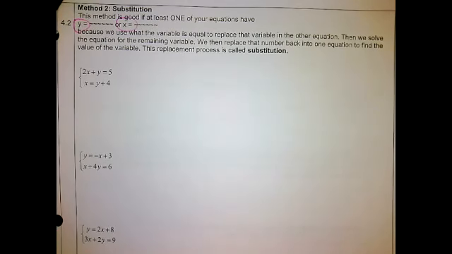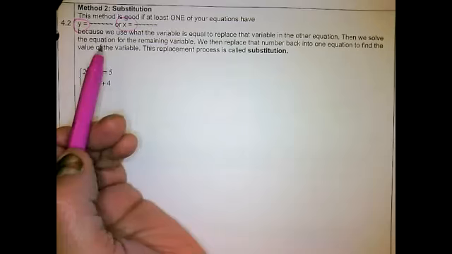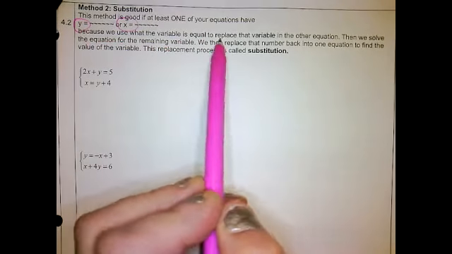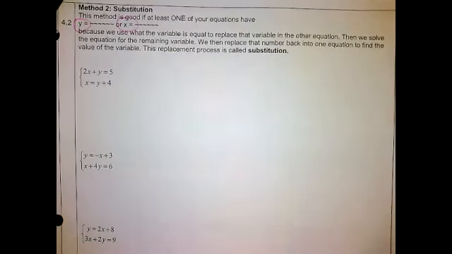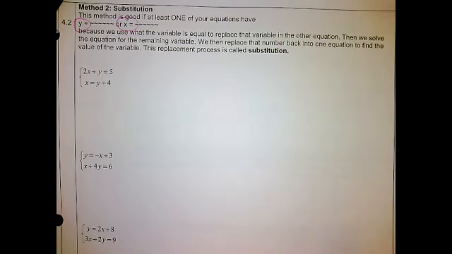So in math, it's really important that everything is completely accurate. So what we do is replace one variable into the other equation, and then solve that equation for the remaining variable. Okay? So it's called substitution.